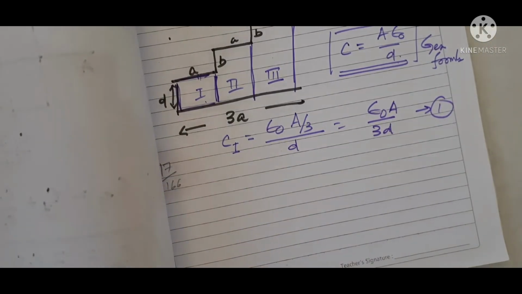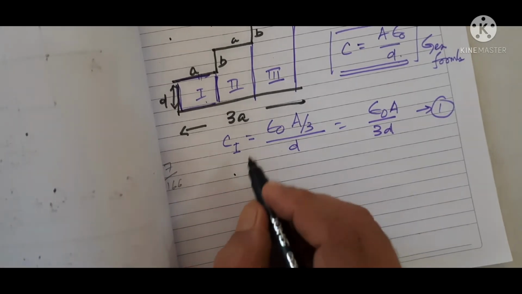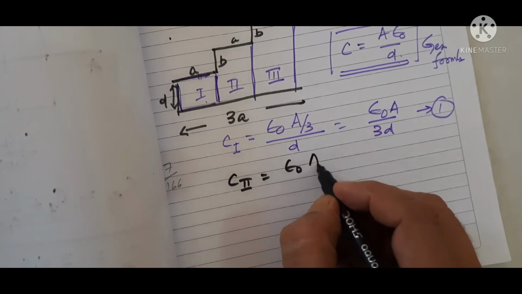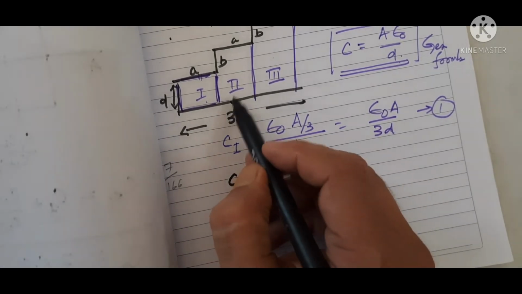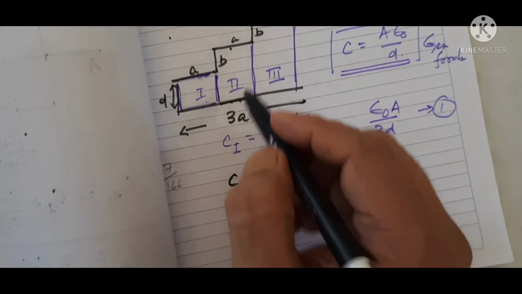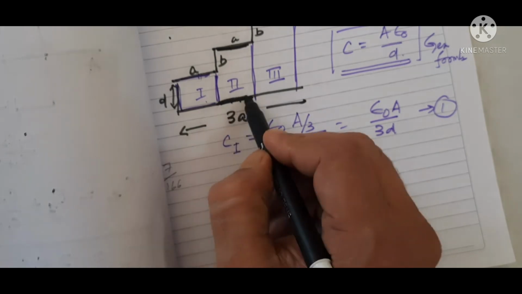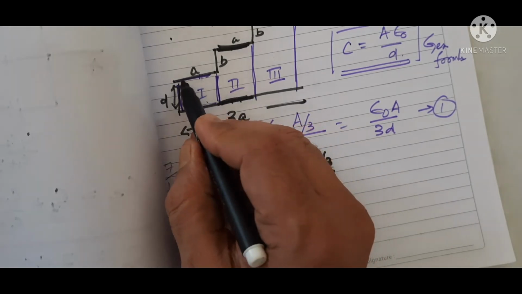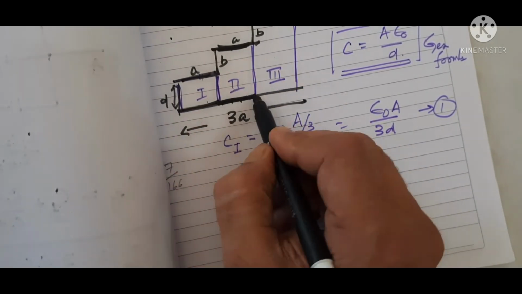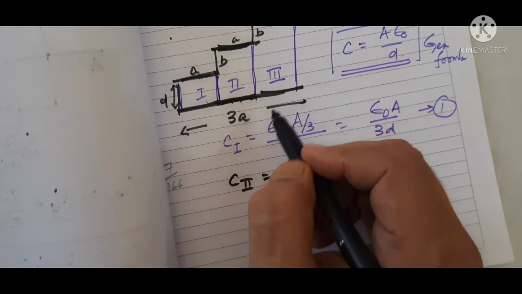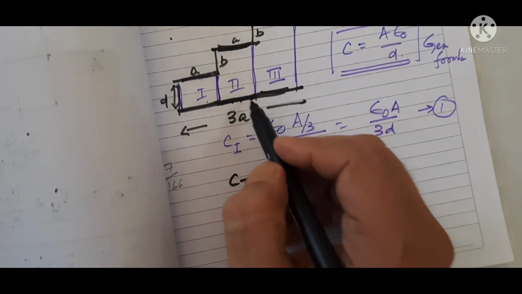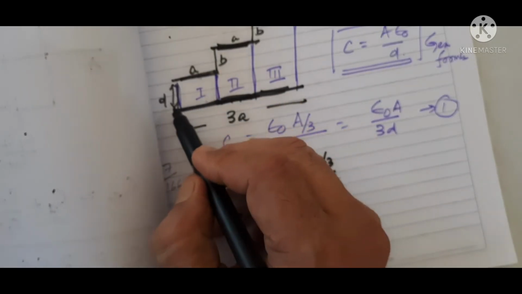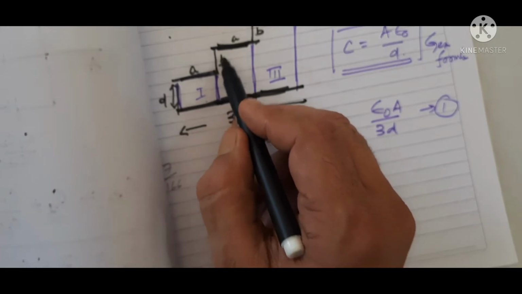Right? Then comes the second one, C2. Epsilon naught, area is A by 3, by the separation between these two plates. This capacitor is actually like this, this and this, and this is the third one. So between this plate and this plate the distance is D plus B. Right or not?